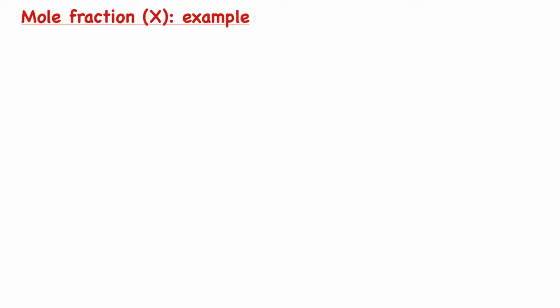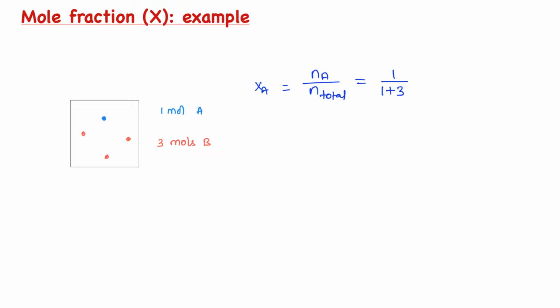Let us understand what mole fraction is with an example. In a gaseous mixture, we have 1 mole of A and 3 moles of B. The mole fraction of A is equal to the number of moles of A divided by the total number of moles present in the solution, which is 1 over the total number of moles, which is 1 plus 3.